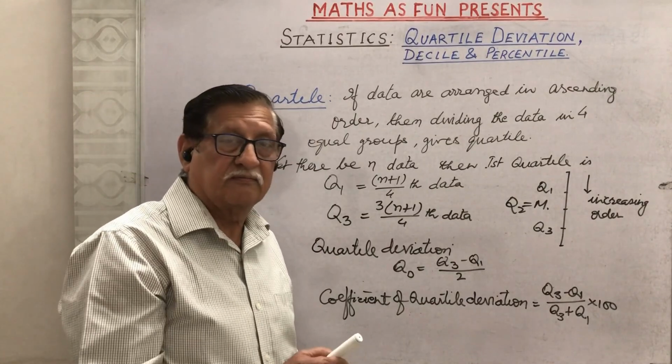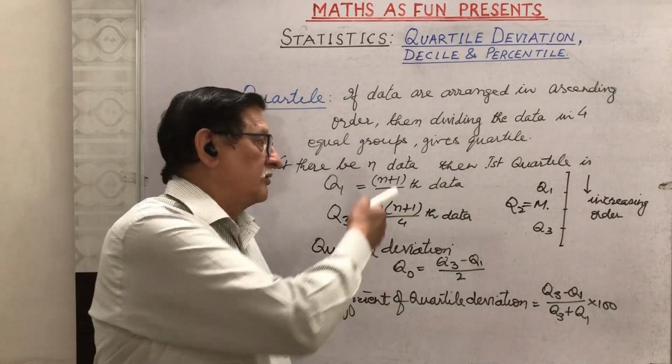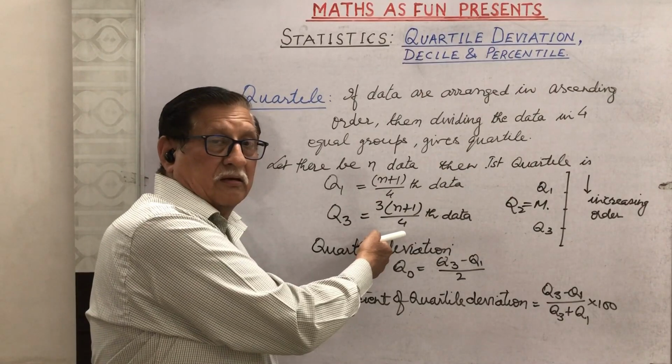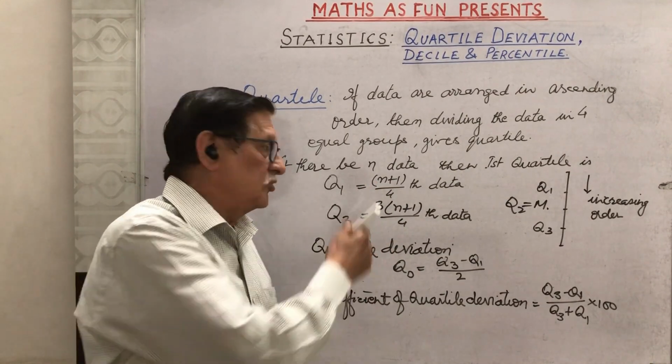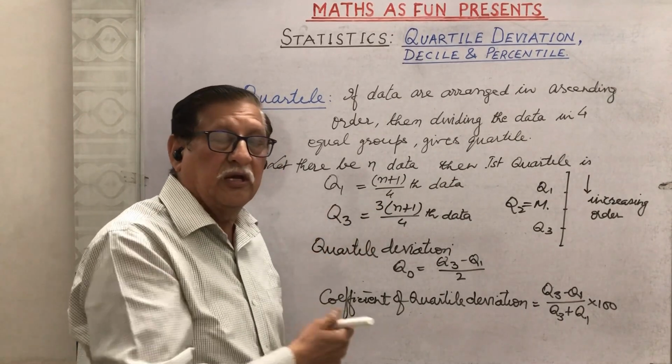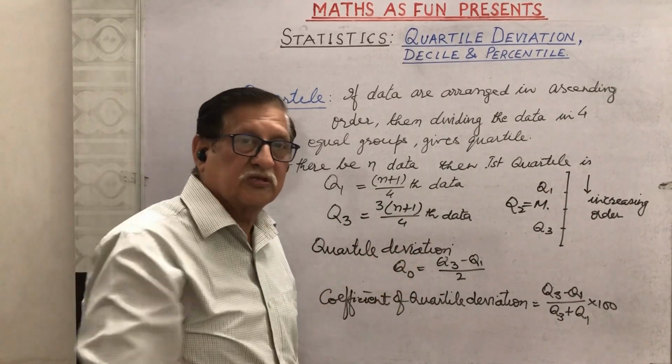Now in case we are given the raw data, then we can apply this particular formula to find out Q1 and Q3 and also the quartile deviation.